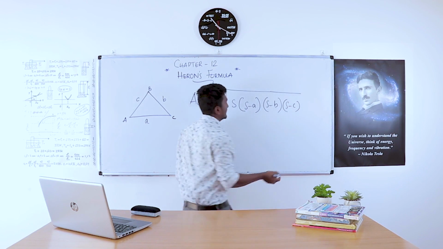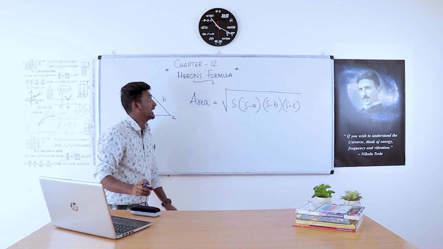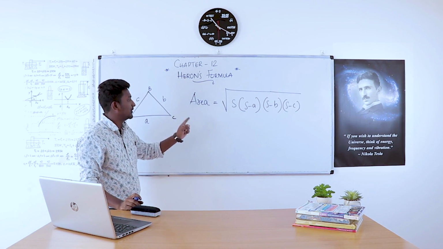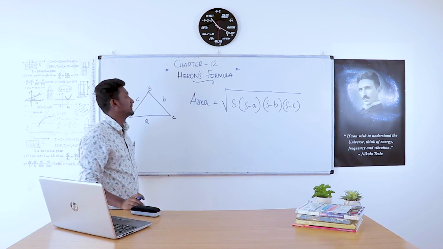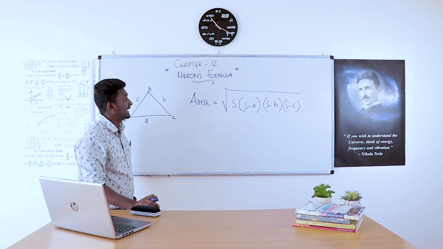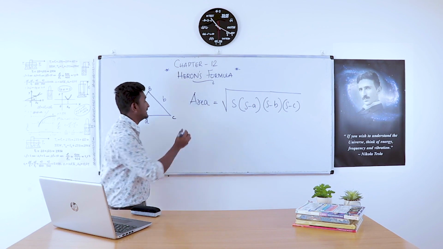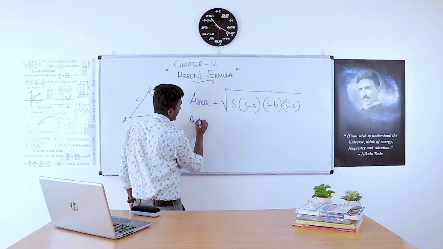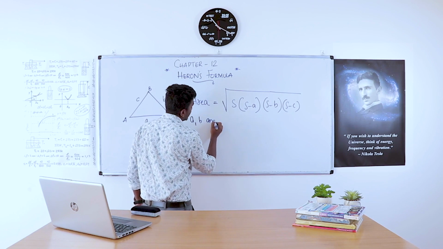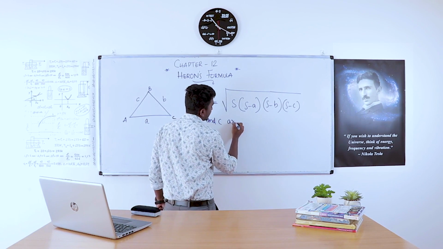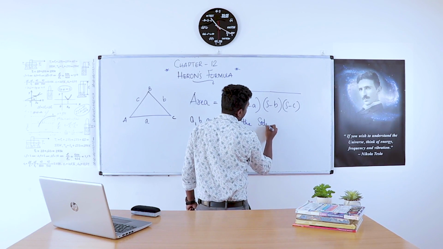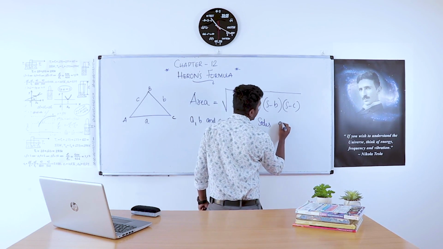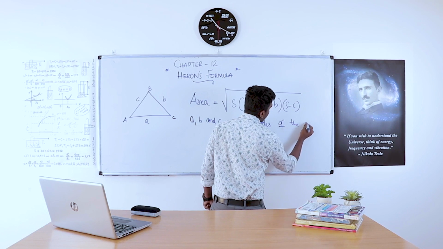This is the equation for finding the area of the triangle using Heron's formula, where a, b and c are the sides of the triangle.